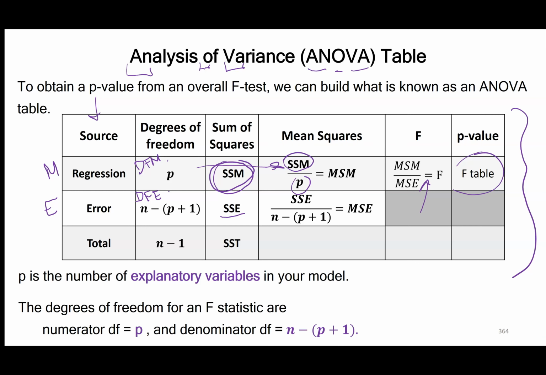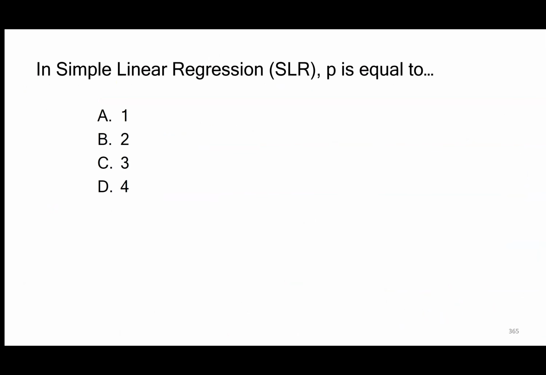So the degrees of freedom for an F statistic are: my numerator degrees of freedom, that's just p, my degrees of freedom for my model. My denominator degrees of freedom, that's DFE, so that's n minus p minus 1. So in simple linear regression, p is equal to... I'll give you a moment.